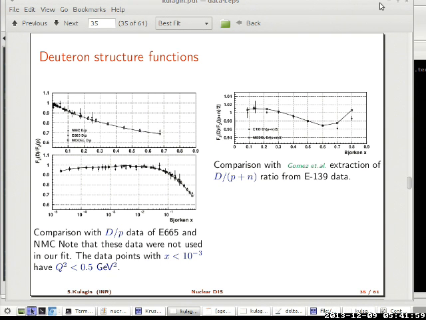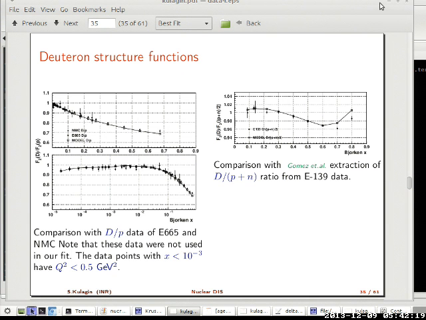This ratio is not measured directly, as we know, and those points are extractions from the E169 analysis with the nuclear density model.